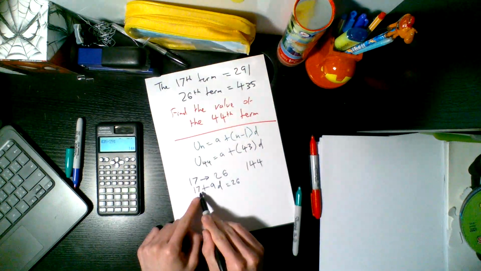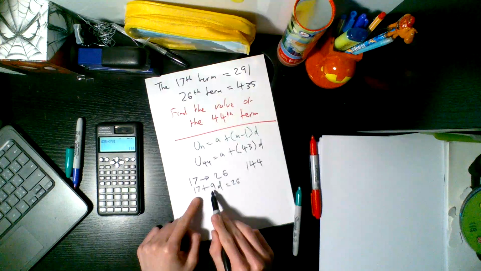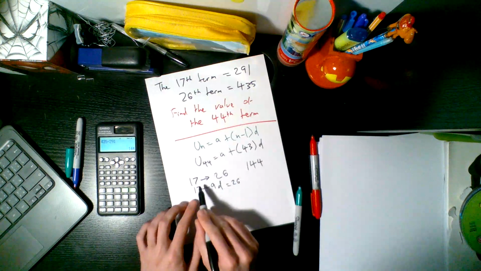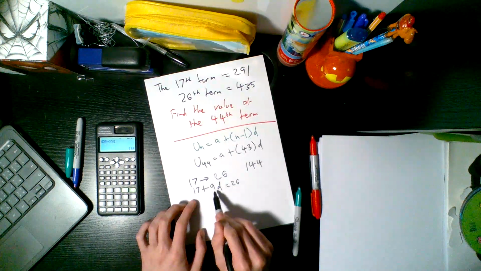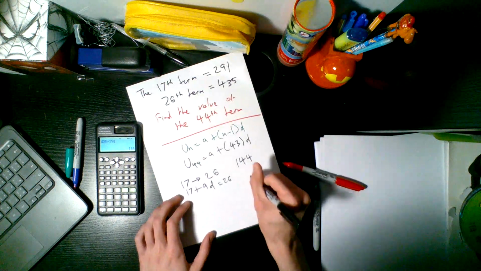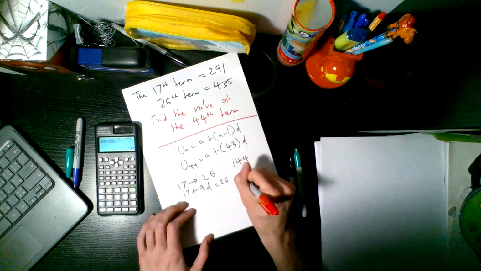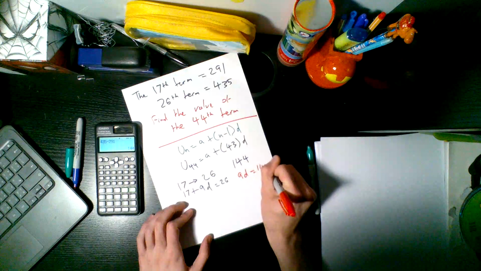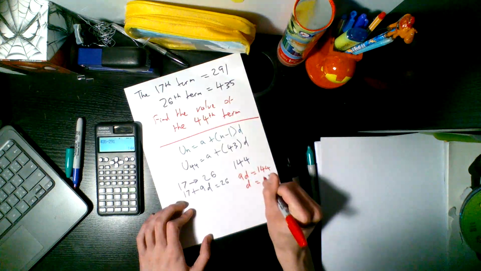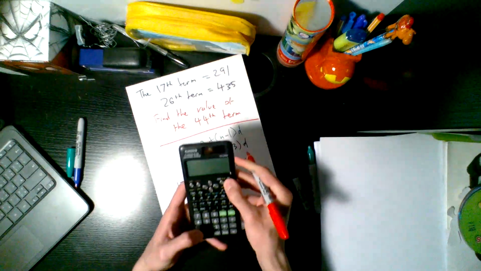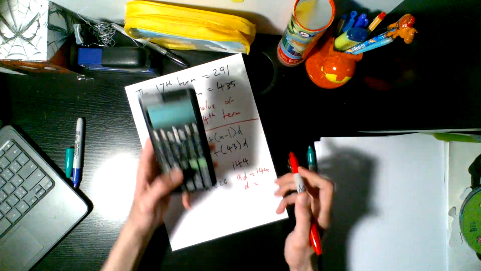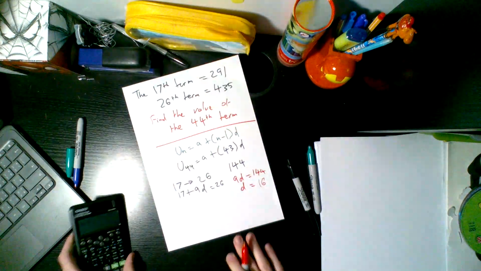So from the 17th to the 26th you add 9 differences. So 9d equals 144, d equals 144 divided by 9, which is 16. We know d equals 16.